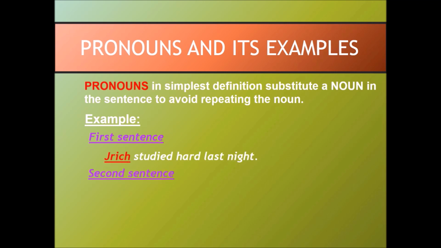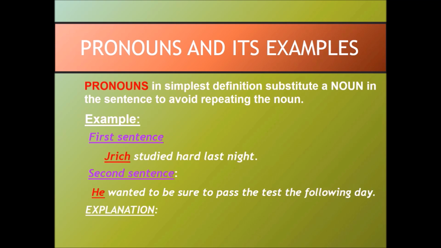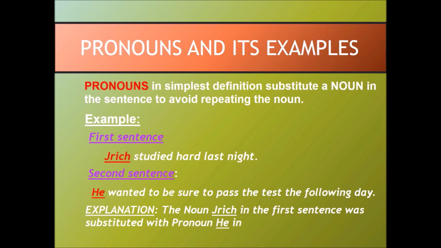Second sentence: he wanted to be sure to pass the test the following day. Explanation: the noun Jerich in the first sentence was substituted with the pronoun he in the second sentence instead of repeating the noun Jerich.